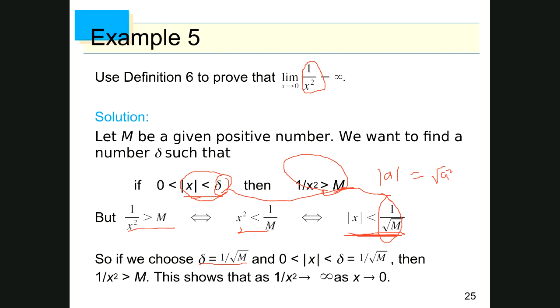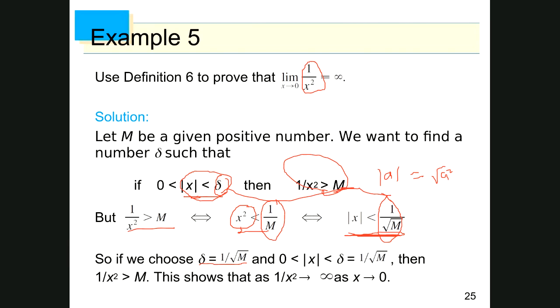All right. I know most of you ask a question, you don't understand this last piece here. What really happened? If you choose your delta to be 1 over root of m, so if delta is 1 over root of m, what is 1 over x squared? Now I want you to think clearly. 1 over x squared will be 1 over m. All right. And remember, if you say 1 over x squared, you simply take the reciprocal. Again, it changes this less than back to a greater than sign.